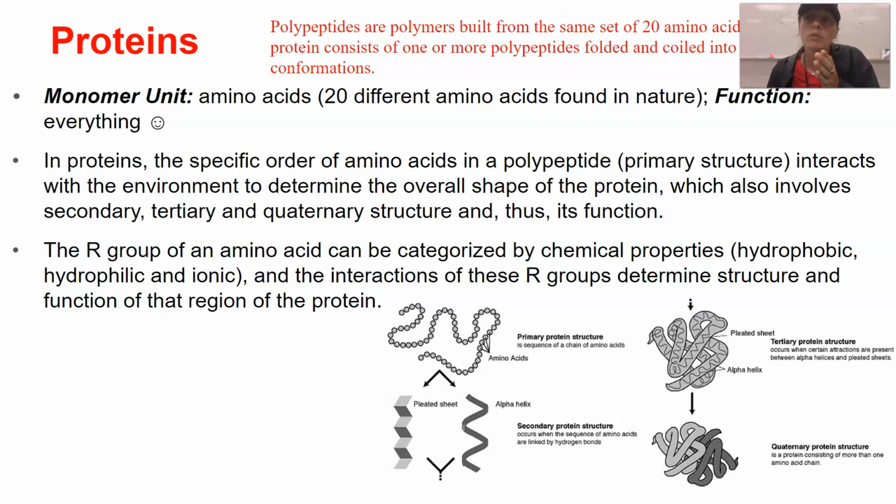And more so even with proteins than any of the other macromolecules, not only do we have to put the amino acids in the right order, but also we have to fold and bend and coil them, because if a protein is not the correct shape, it will not do its correct job. That's going to be extremely prevalent when we get to enzymes, but for now we'll just talk about the base structure of a protein.